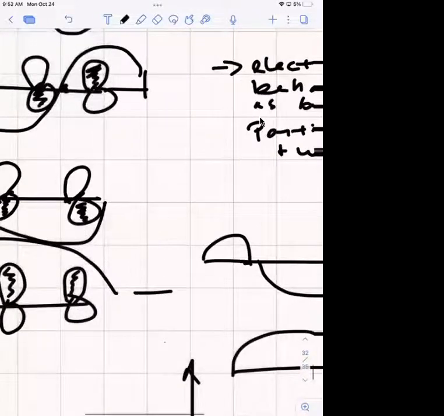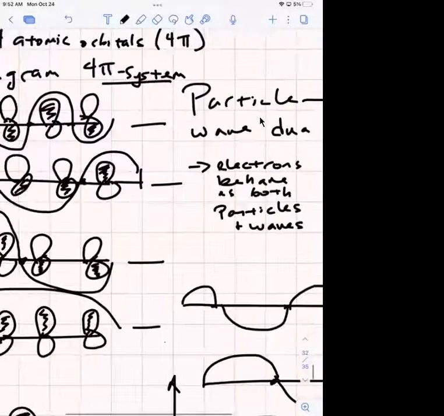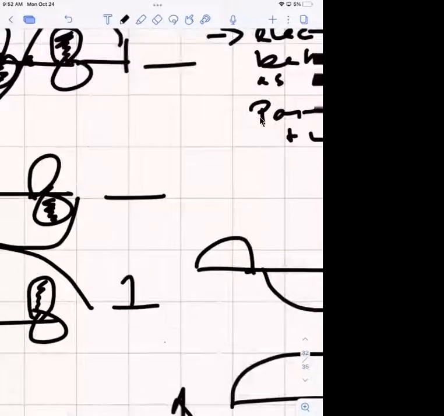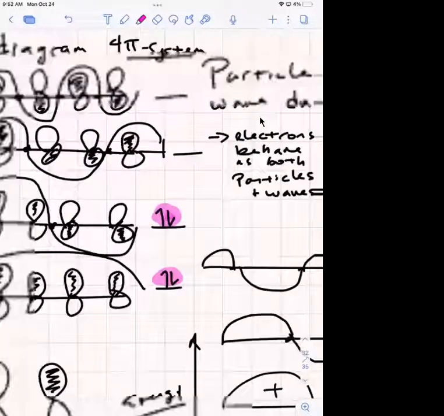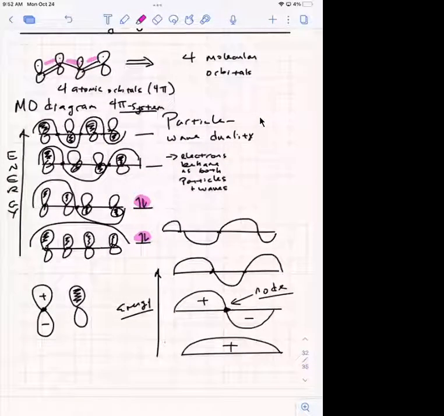So here, these orbitals, you fill them up just like you would an orbital for an atom, right? A set of orbitals for any given atom, like the 1s, 2s, 2p, 3s, 3p, 4s, 3d, so on and so forth. So I'm going to fill this up, and then I want to fill up this one. And now there are my 4 electrons, right? So that's a MO diagram for a 4-pi system.